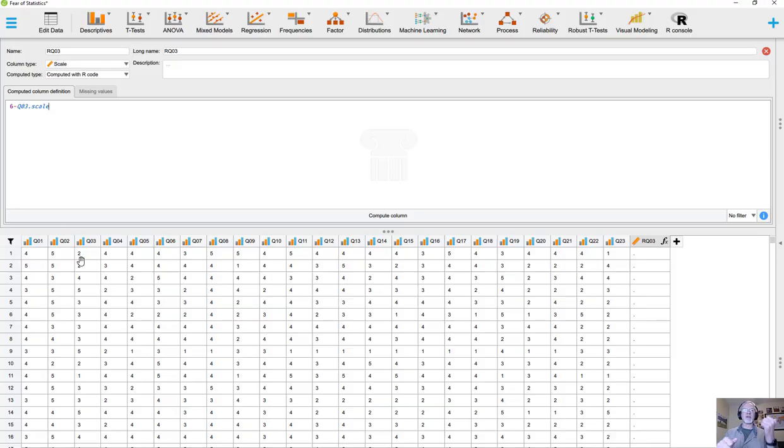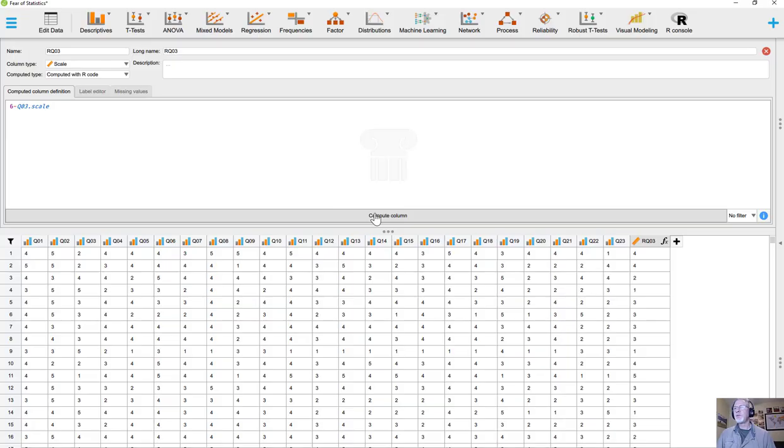It's a 5-point scale, so 1 should become a 5, 5 should become a 1. If the numbers go from 1 to 5, then go 1 whole number above that to 6, then take 6 minus those numbers and it will flip the scale.